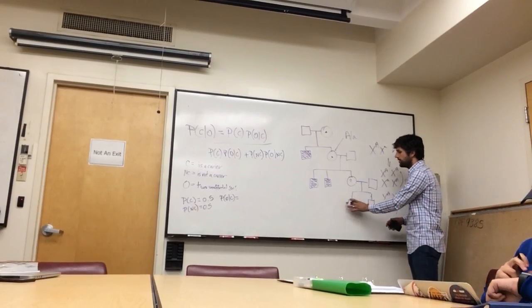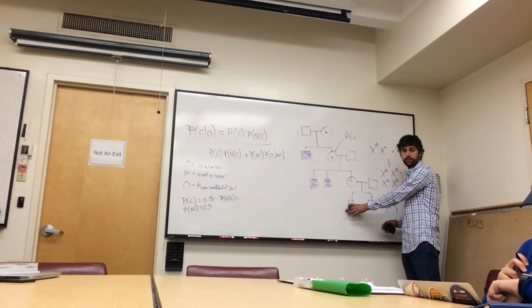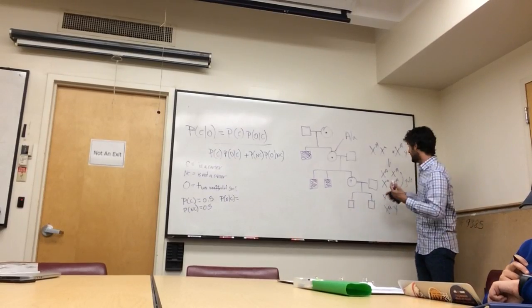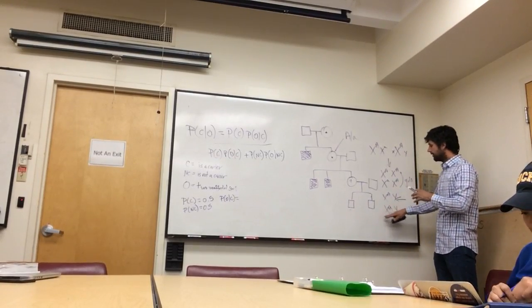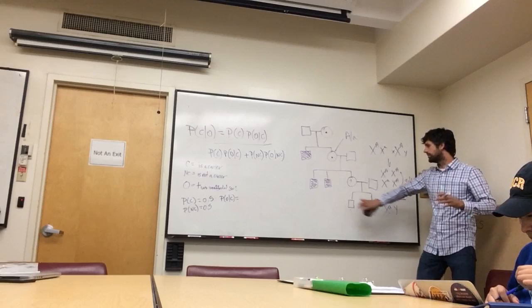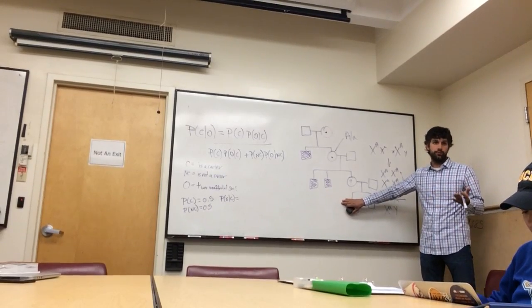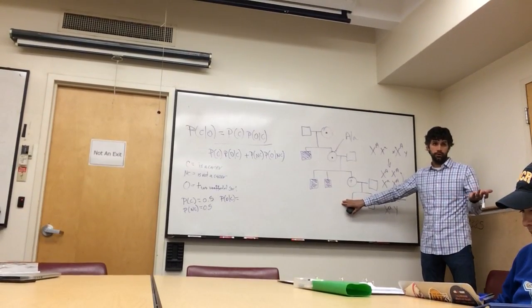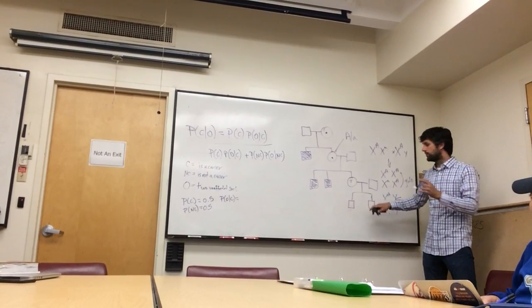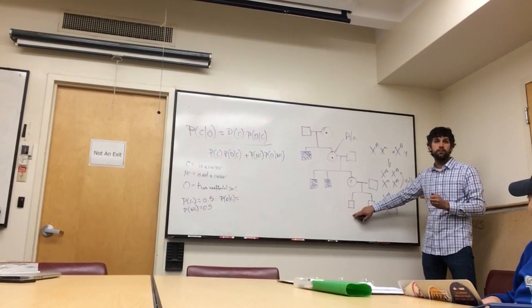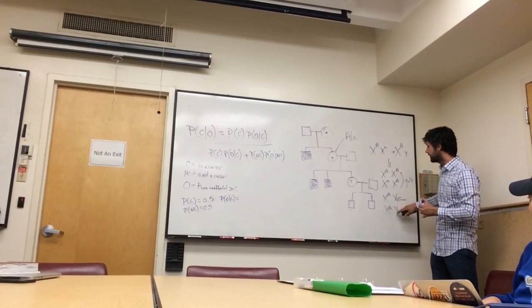And so we know that this male could either be affected or unaffected. If we didn't know the gender of this, we'd say the probability of an unaffected male would be 1/4. But here we're specifying it's a male. So the probability of an unaffected male is 1/2.